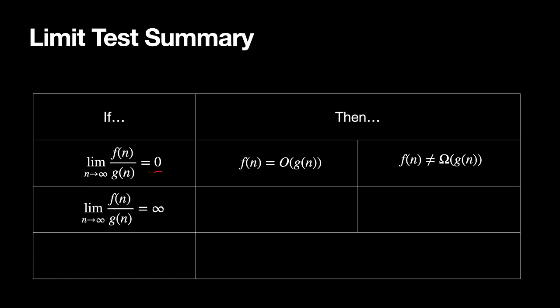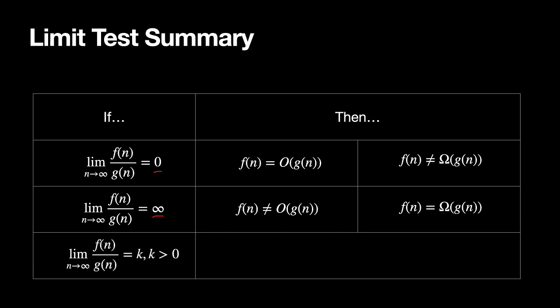Let's think about the second case we looked at, when the limit is infinity. In this case, we know that f is not in big O of g, but it is in big omega of g. And then the third case was when the ratio happens to be some positive constant. In this case, we know that f is in the big theta of g.